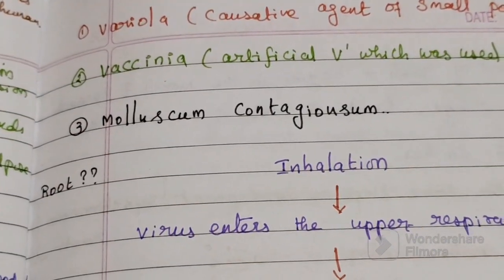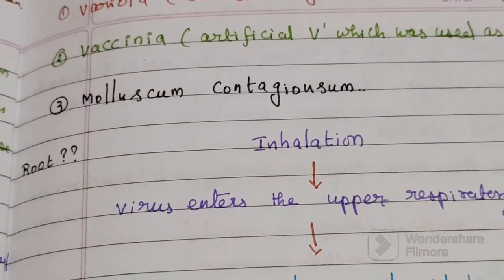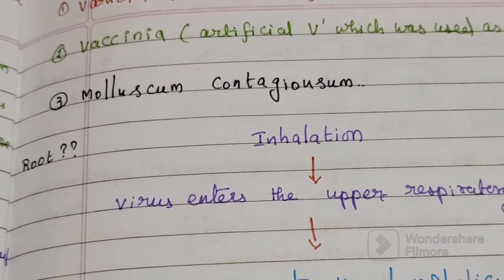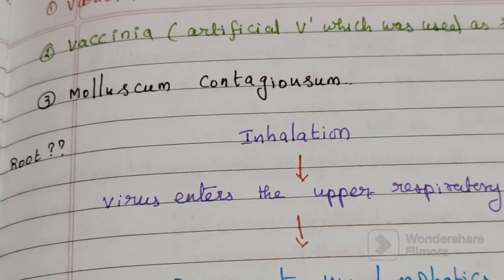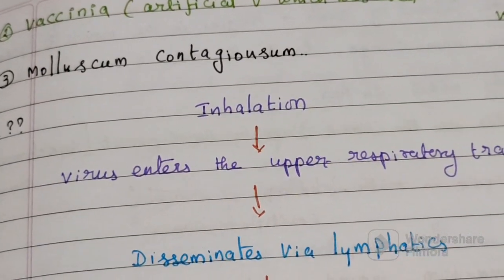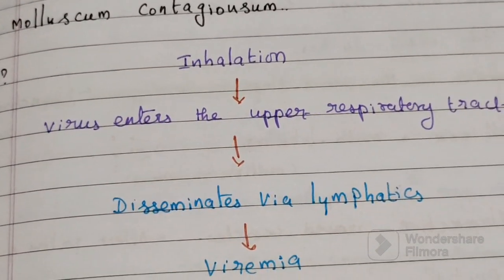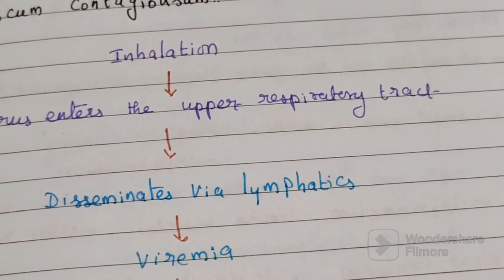Starting with the first one, Variola. How does it enter the human body? The main route is inhalation. Only by inhalation does this virus enter and cause the disease known as smallpox.